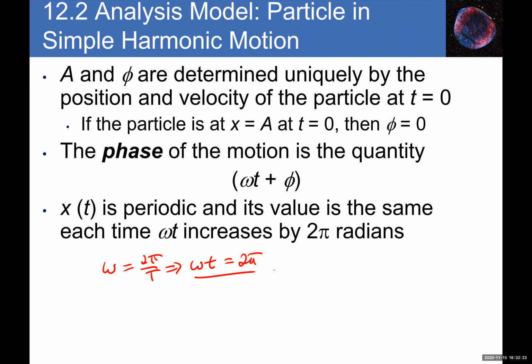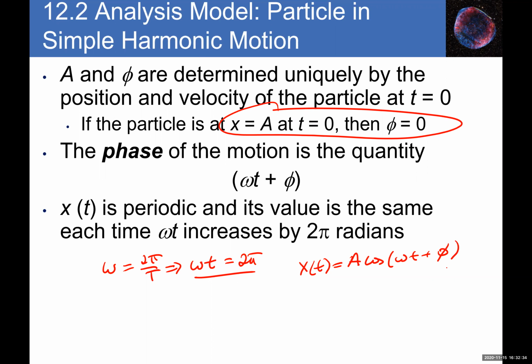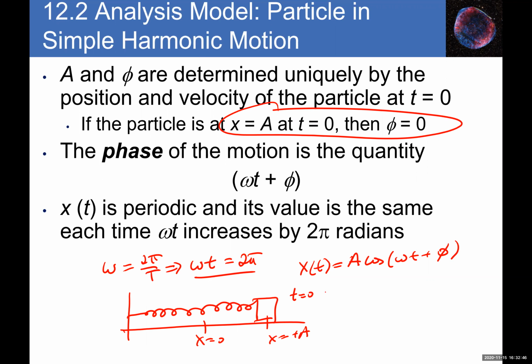Now I can quickly show you, for example, why this is true. So think like this: I have this equation, x as a function of time equals A cosine of omega t plus phi. Now imagine that I take my system and pull it to x equals plus A, and then I let go and start the timer at exactly the same time.